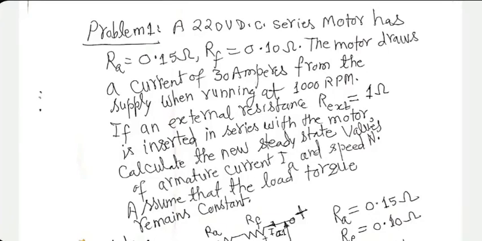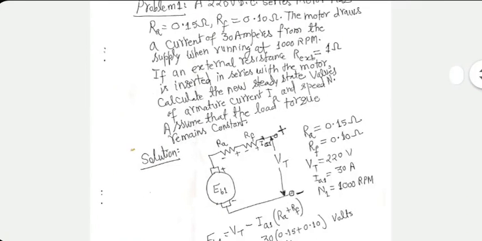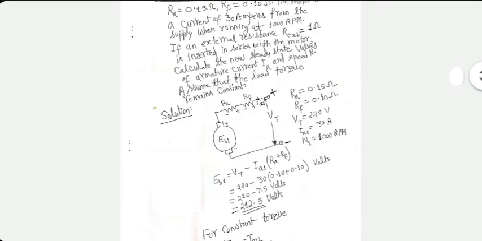So series motor case is right here. Field resistance and armature resistance are in series in this case. In case 1, there is no external resistance present. I'm showing no external resistance here. EB1 can be calculated based on all the data that's known to us.